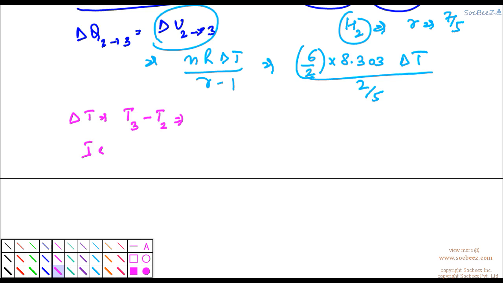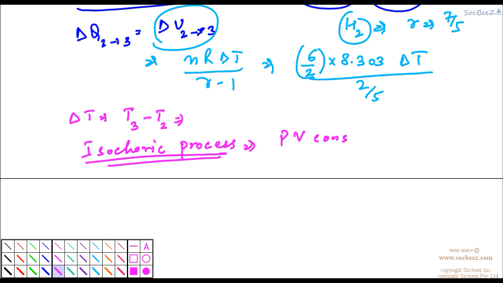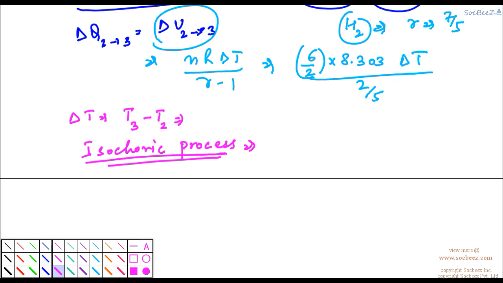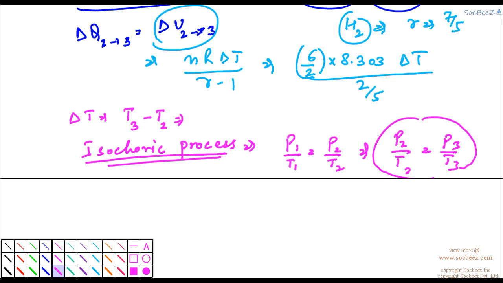Now as we are going through a isochoric process, we can make use of the constraint equation, which says that PV is equal to isochoric. For isochoric, we have P1 T1 equals to P2 T2. So here we can say that P2 T2 is equals to P3 T3, right?